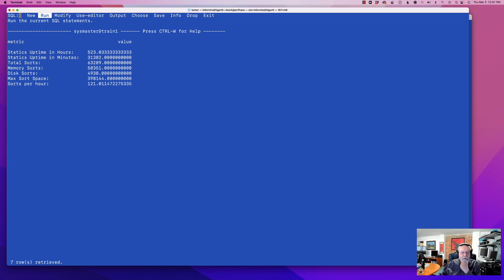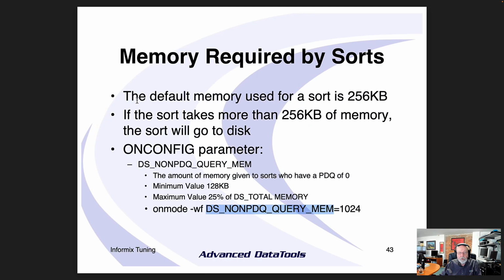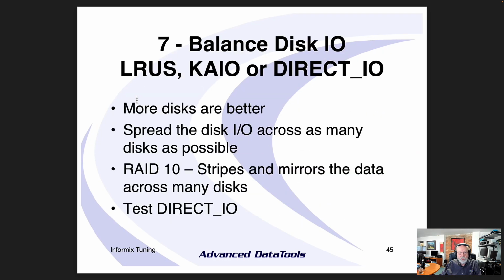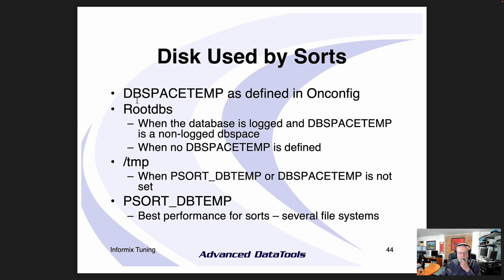I've still done 4,900 to disk, and this is how much space it takes to do it to disk. All those parameters are in the SysMaster database, and they will be in my new SysMaster scripts that are coming out. But having DBSPACETEMP defined is key.